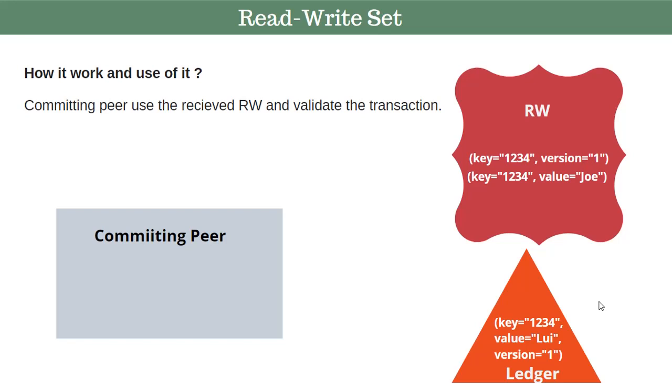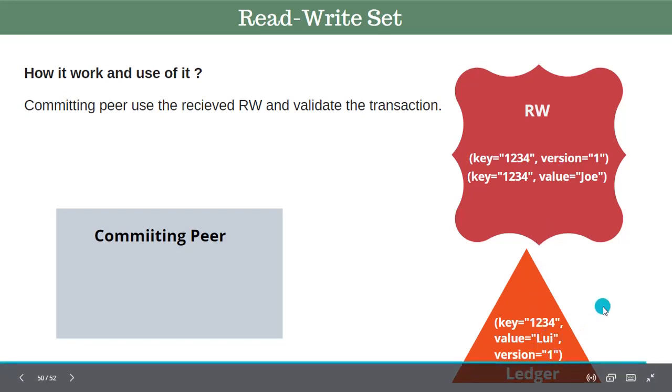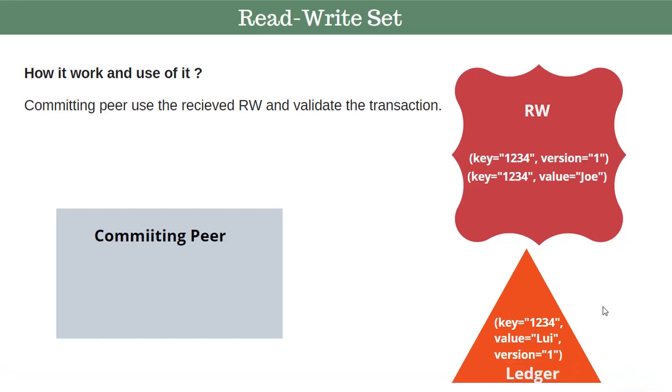Now whenever this read and write set comes to the committing peer, what does the committing peer do? First of all, the committing peer will go to this ledger. It will take this read set, first of all the key and the version. It will try to match the key and the version in the ledger. Okay, if it matches the key, for a given key the version should match.